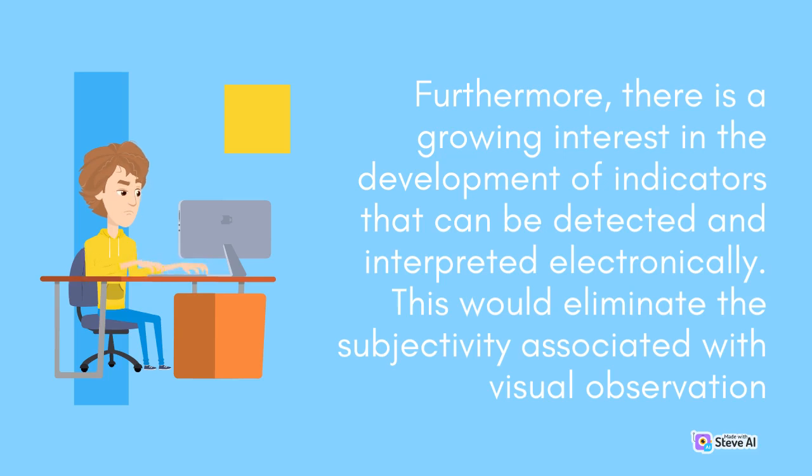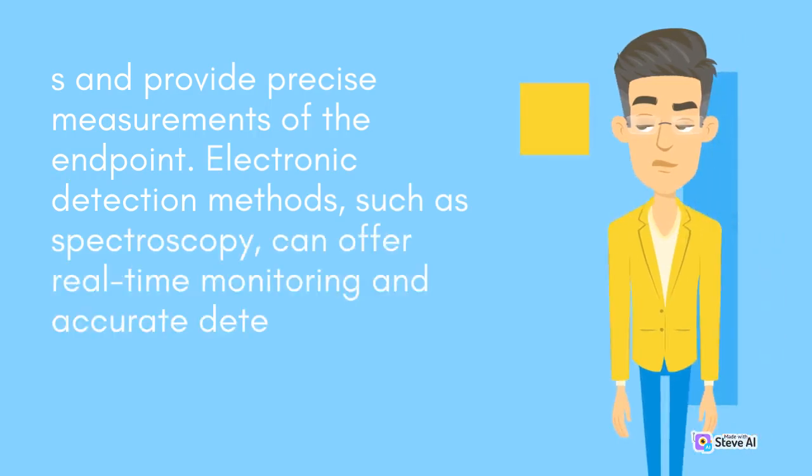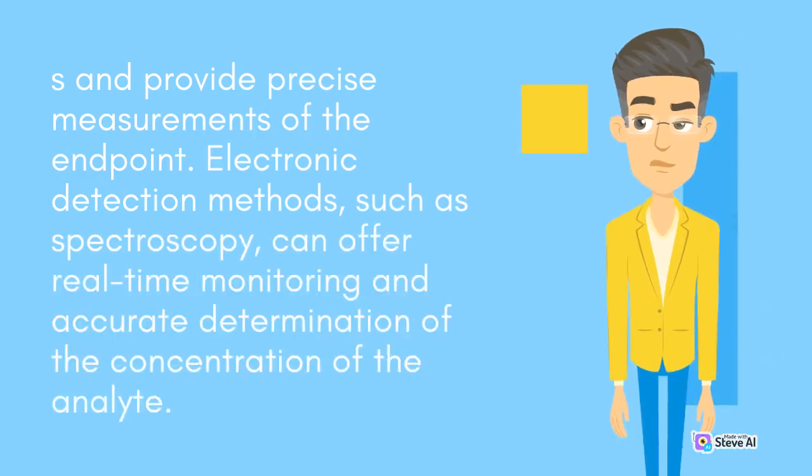This would eliminate the subjectivity associated with visual observation and provide precise measurements of the endpoint. Electronic detection methods, such as spectroscopy, can offer real-time monitoring and accurate determination of the concentration of the analyte.